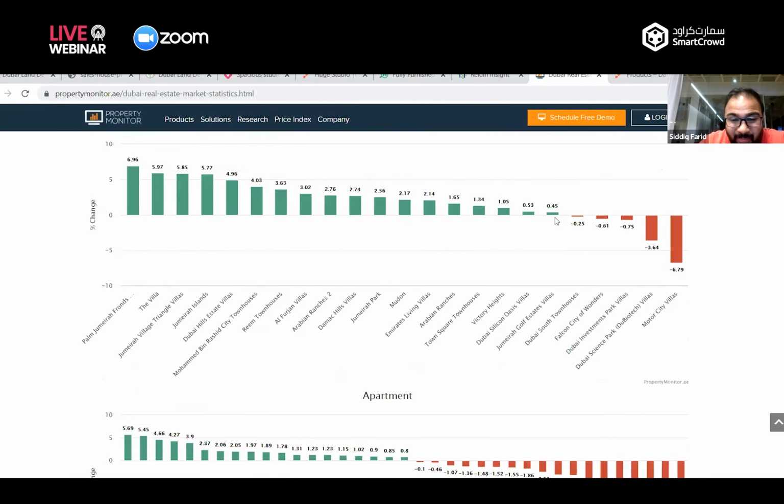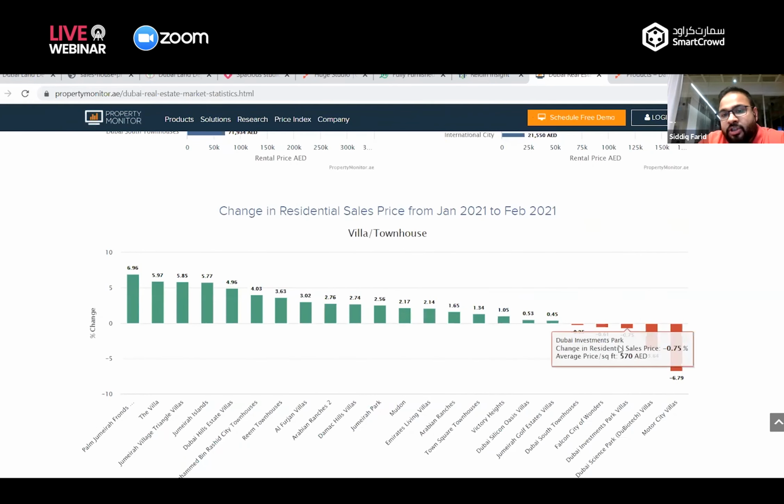So you can see prices going up in most areas of villas, and in certain areas not so much, or less. But again, this is January to February. You want to compare that to what happened from December to January, and then November to January, because you want to see a trend. There could be just 10 transactions this month that show this.